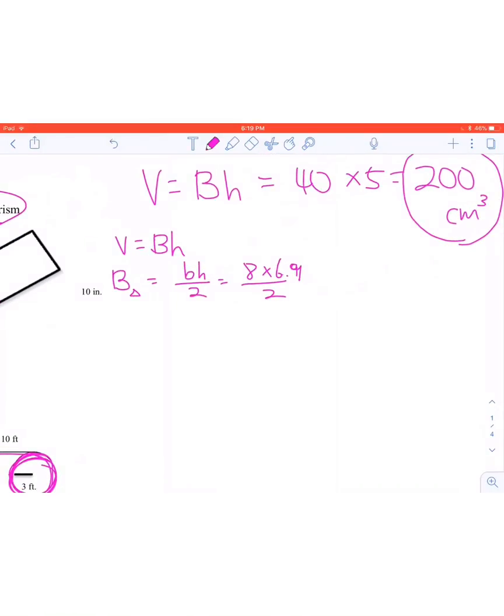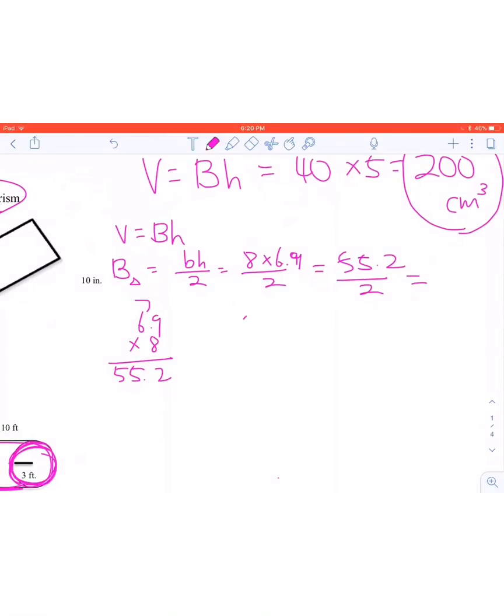Okay, so let's do that. 6.9 times 8. 8 times 9 is 72. 6 times 8 is 48, plus 7 is 55.2. So it'll be 55.2 divided by 2.